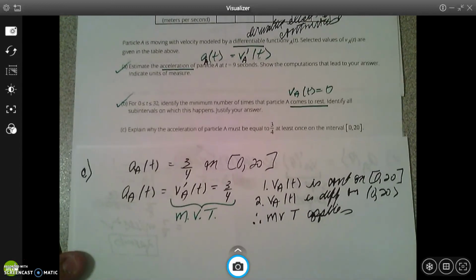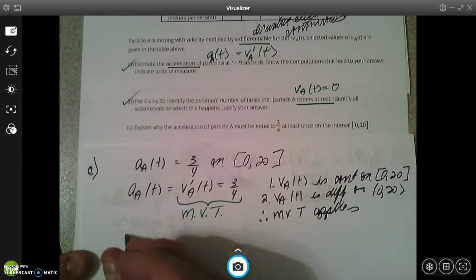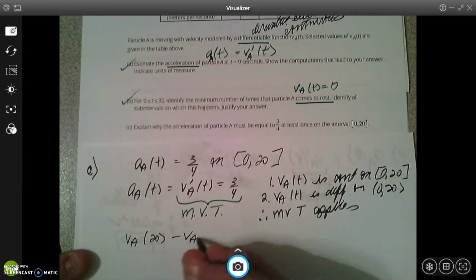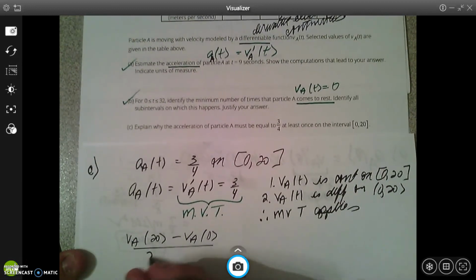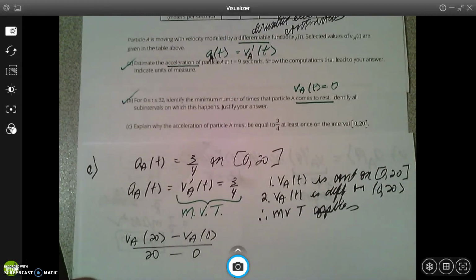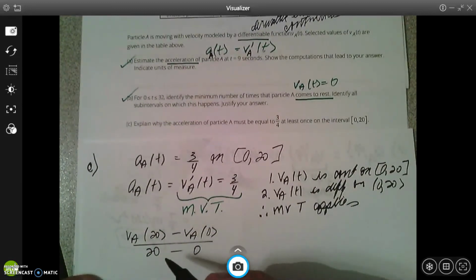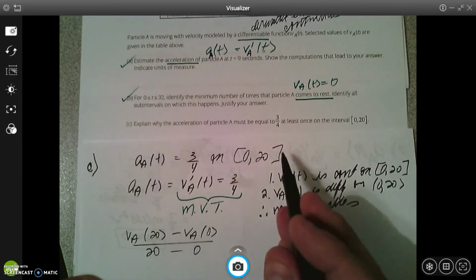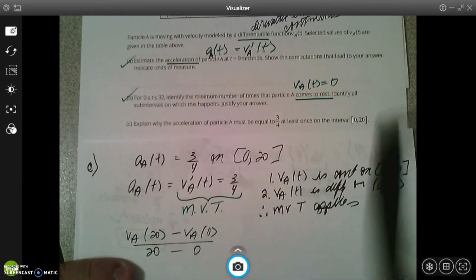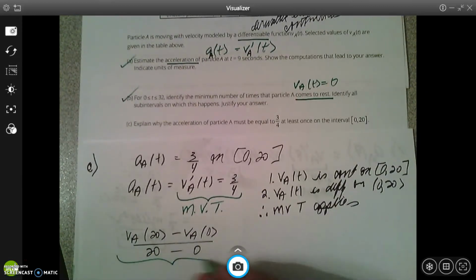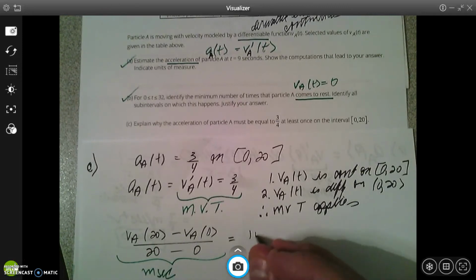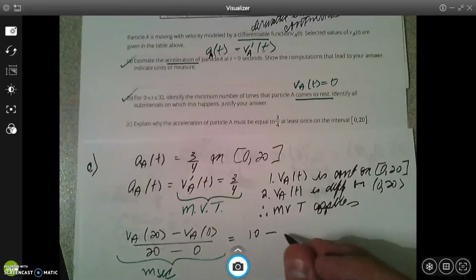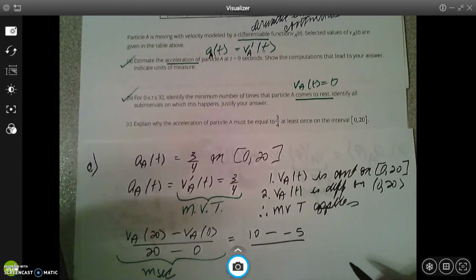Let's keep going. The mean value theorem says if I find the slope of the secant line that connects those endpoints, that it has to be equal to the slope of the tangent line somewhere in that interval. Well, if all of this represents the slope of your secant line, the velocity at time 20 we can see is 10. The velocity at time 0 is -5.